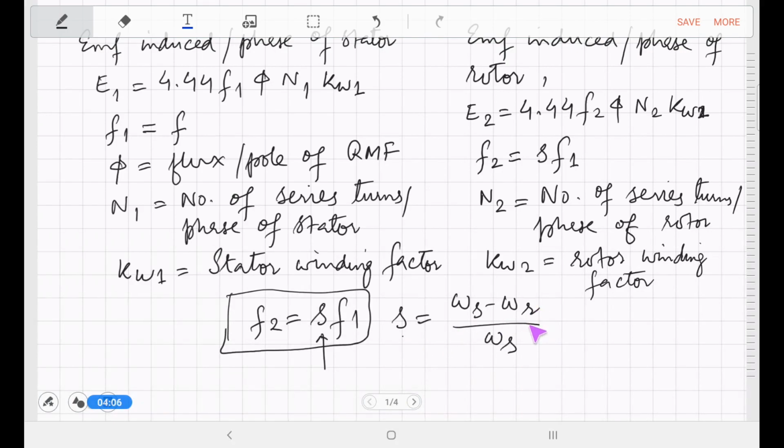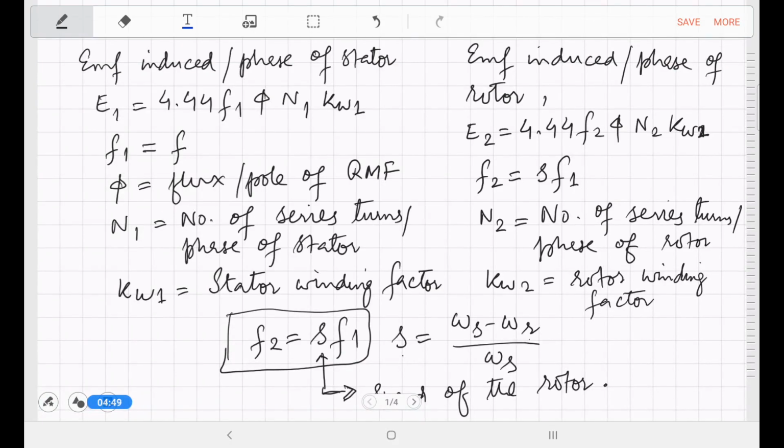Therefore, S depends upon the rotor speed, and hence the frequency of the rotor induced EMF is a function of the rotor speed. Therefore if a constant frequency supply is applied to the stator, and if the rotor is rotated at different speeds, the EMF induced in the rotor will have different frequencies.